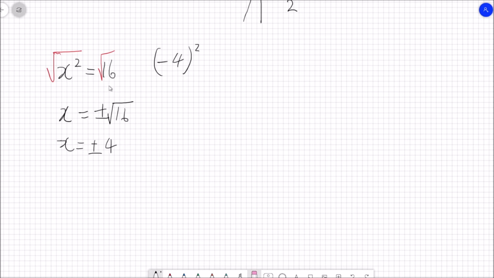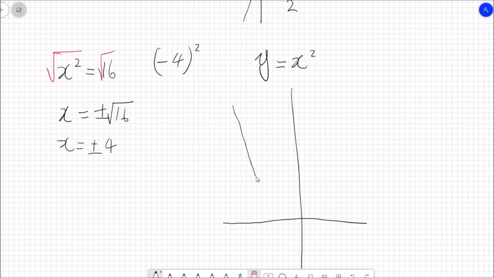We can also represent this question exactly the same way. For example, if we have the curve y = x squared, you remember from previously, it's just a default parabola. I'll do my best on this part. So we have a parabola, and x squared = 16. This is y = x squared, which means here the y value is 16.